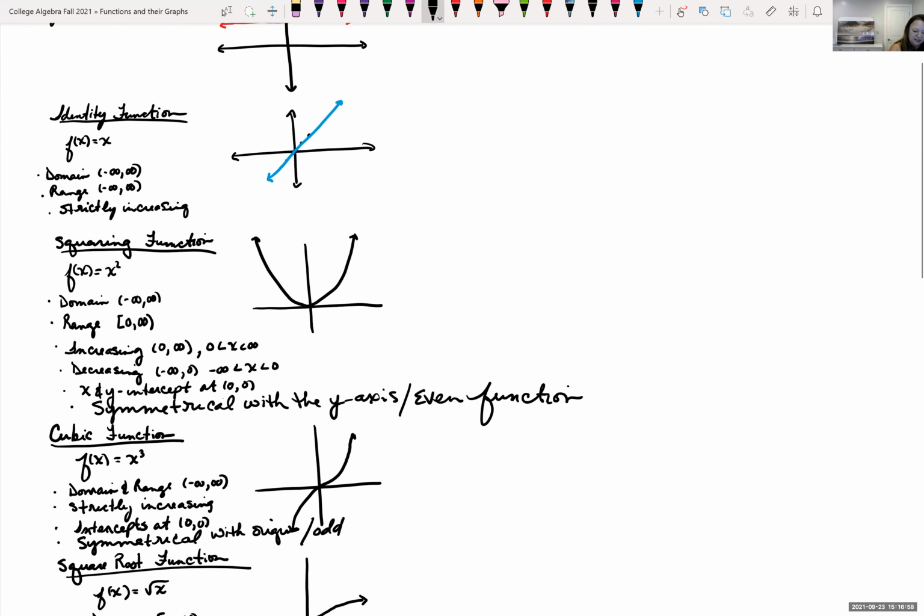And the identity function, we can also flip this across the origin. So folding our paper in four is how I think of it, and it would lie on top of each other. So this is also odd and symmetrical with the origin.